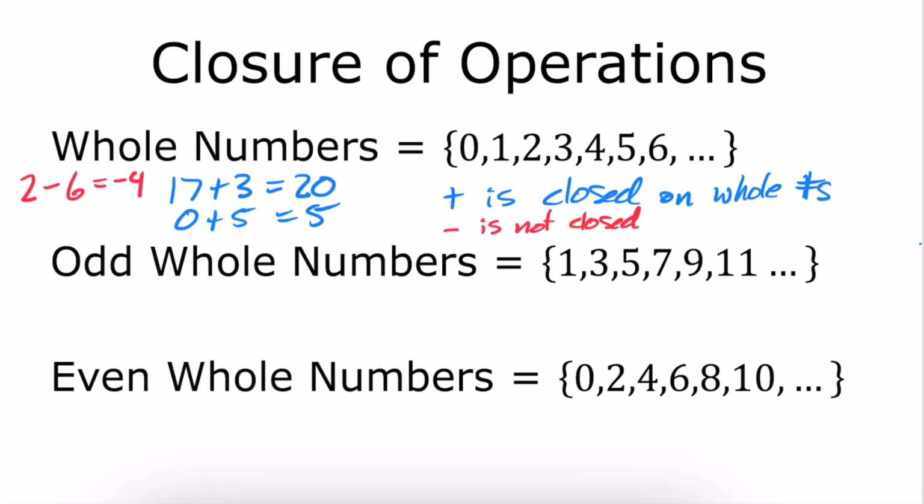If there's any group of numbers that you put into the operation and it doesn't give you another number in that same set, then the operation is not closed on that set. So even though some subtraction problems will give you a whole number, like if I switch the order and did 6 minus 2 equals 4, the fact that there are some whole numbers that when you subtract them don't equal a whole number means that subtraction is not closed.